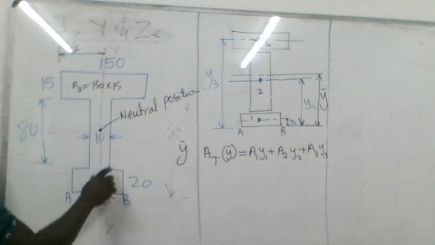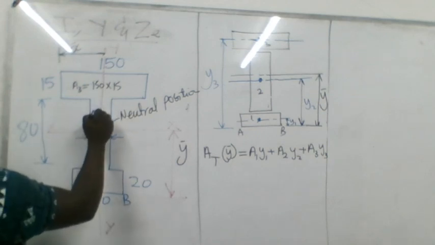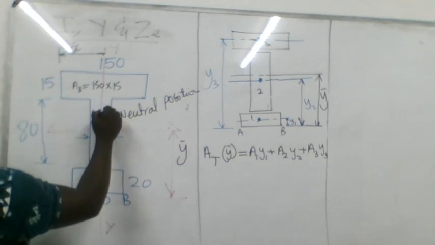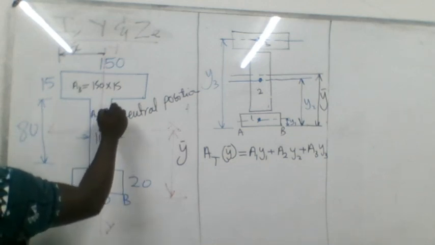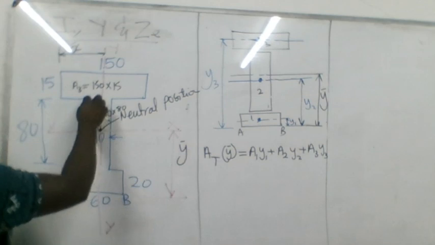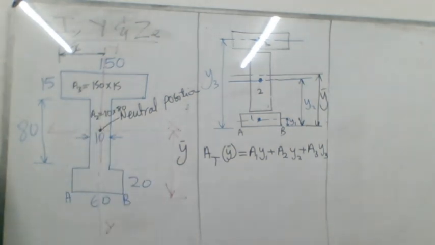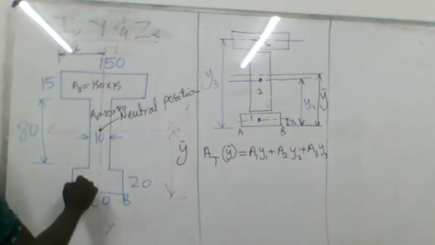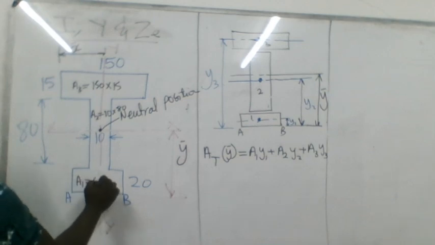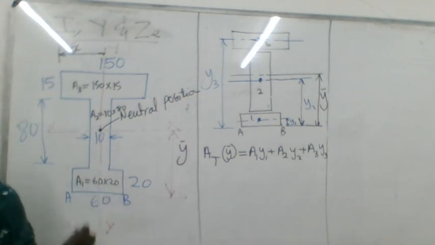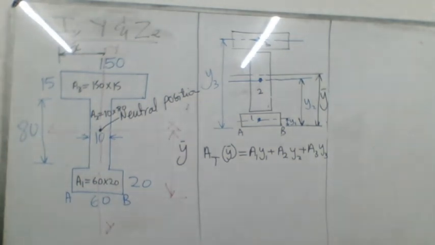Area of this one, area 2, is equal to 10 times 80, the height times breadth. Then area 1 is equal to 60 times 20, breadth times height. So this is what we have.